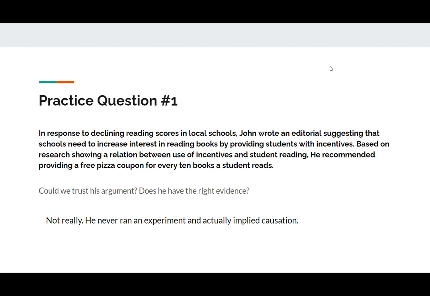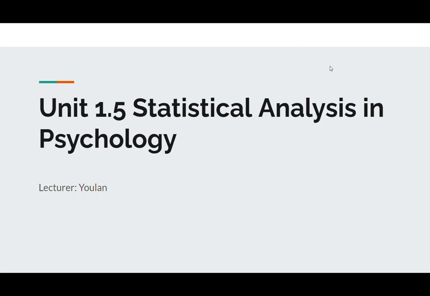Just because he found a relation between incentives and student reading, it doesn't mean they must have a direct relationship. For example, there could be other factors that he didn't think of that actually influenced the relation he found, but he just ignored them. Therefore, we could easily refute John's argument and show that providing an incentive would not necessarily help increase interest in reading books. Okay, we'll talk about Unit 1.5 in the next video.